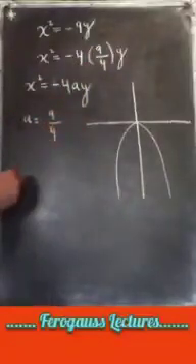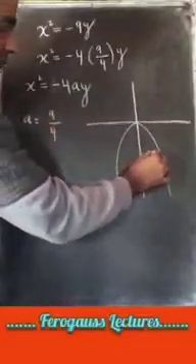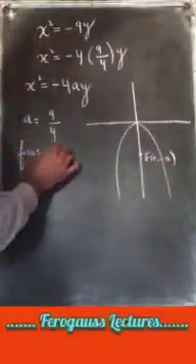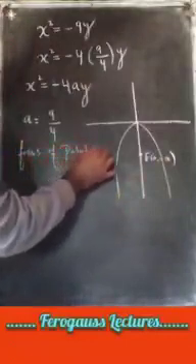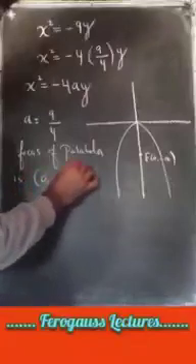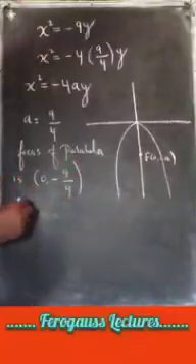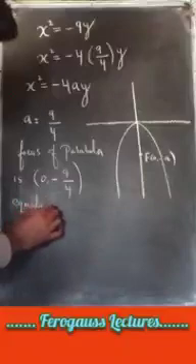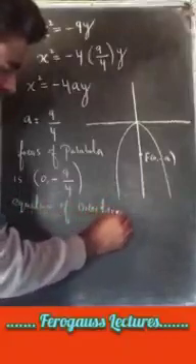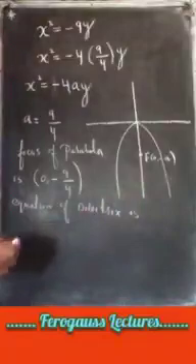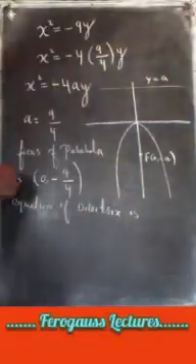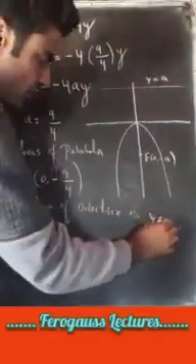Okay, so focus of the parabola is 0 comma minus a, that is 0 comma minus 9 by 4, and equation of directrix is y is equal to a, and here a is 9 by 4, so it is y is equal to 9 by 4.